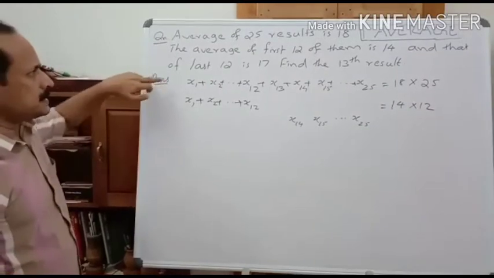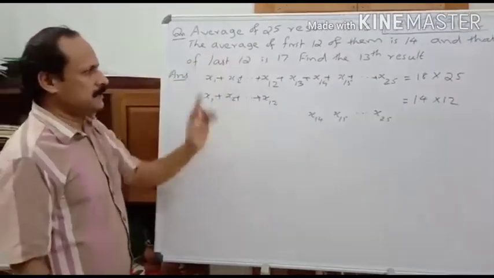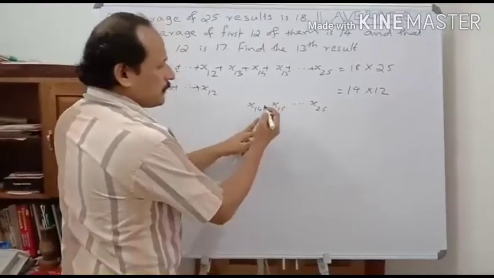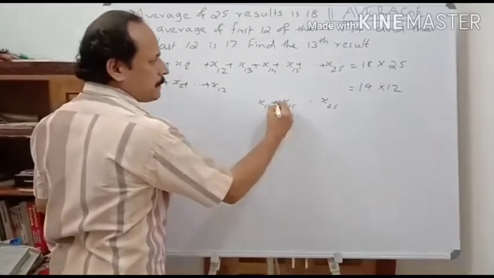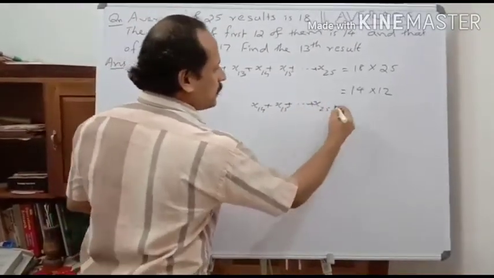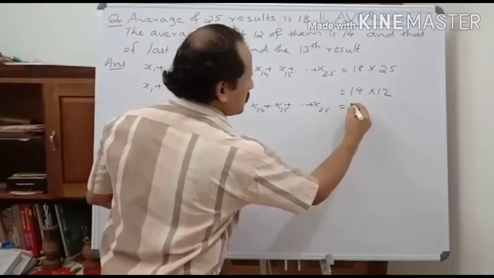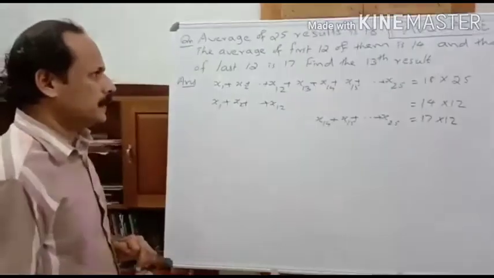And use the last given part. The average of the last 12 is 17, so from that we get the sum x14 plus x15 plus etc. plus x25 equal to average 17 into number 12.